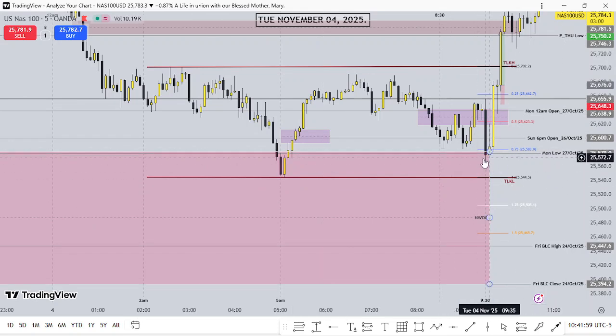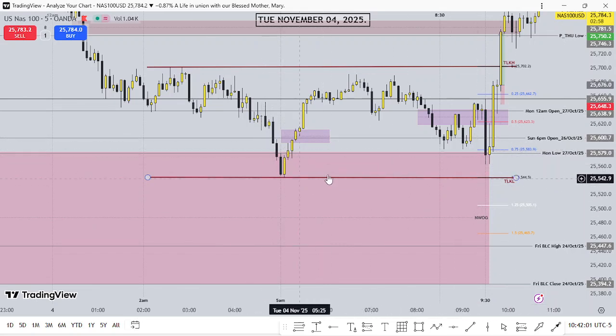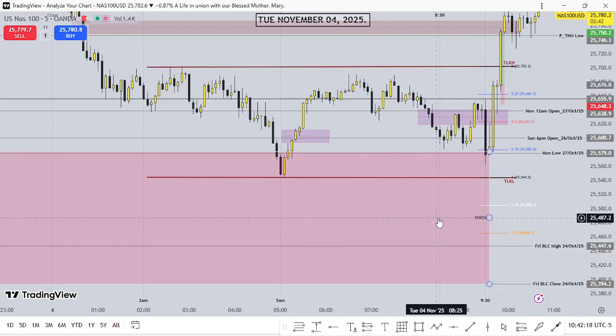Okay, so I noticed that price reacted to just the higher quadrant. Can you see all this area now? It's the upper quadrant and this area here is the lower quadrant. But price reacted to the top area of the new week opening, and it didn't get to the midpoint.